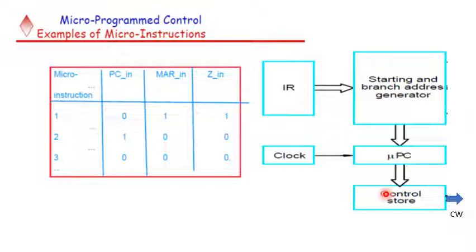One important function of the control unit cannot be implemented by the simple organization shown in this figure. This is the situation that arises when the control unit is required to check the status of condition codes or external inputs to choose between alternate courses of action.